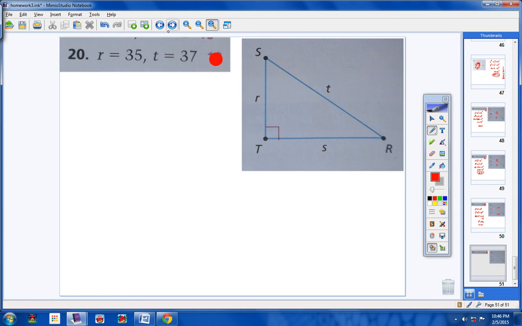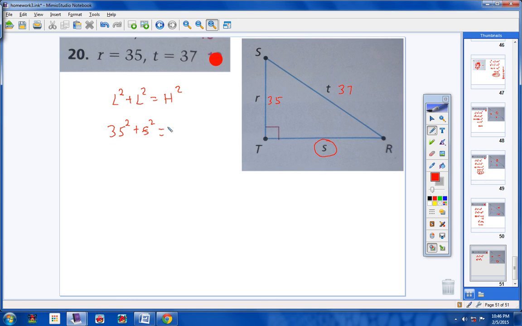And finally, the last problem. R equals 35. T equals 37. Solve for s, okay? So L squared plus L squared equals hypotenuse squared. One leg is 35. The other leg is s.